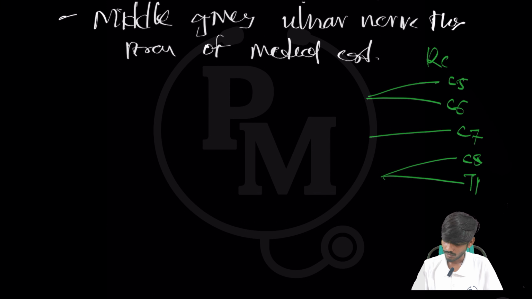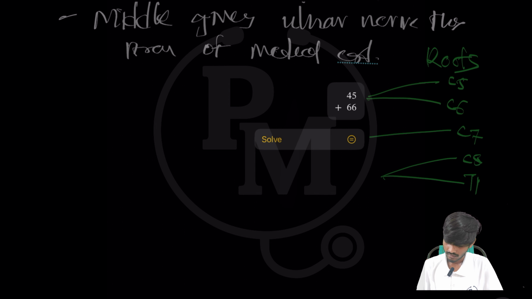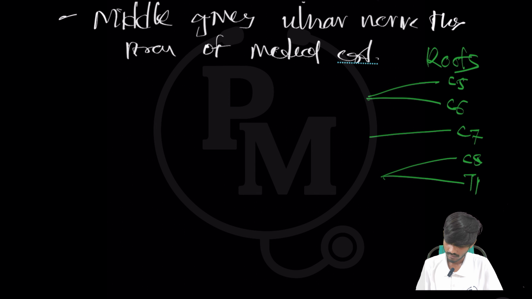These are roots. C5, C6 form upper trunk.